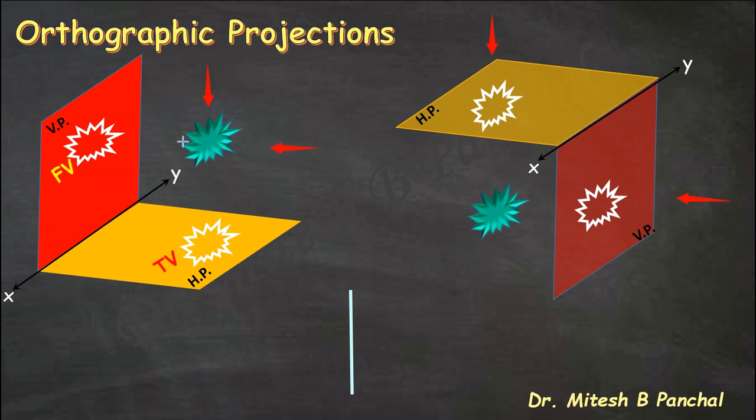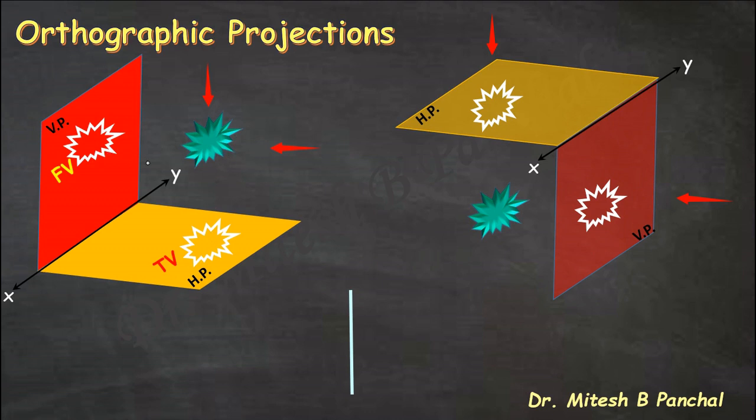Right? So here, when you consider the first angle projection system, that means object in first quadrant, at that time the position of the object is in between plane of projection and observer.